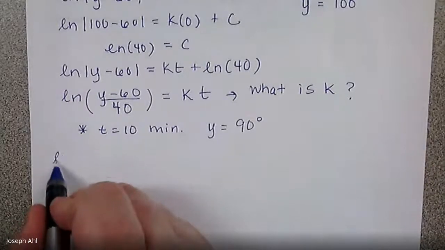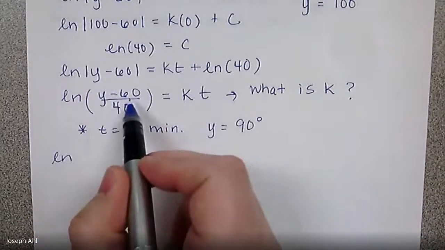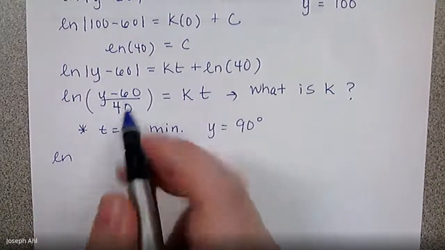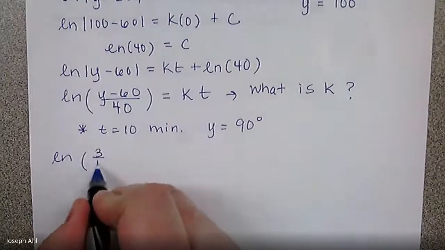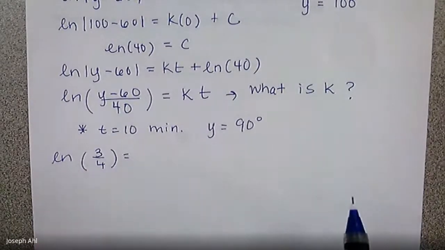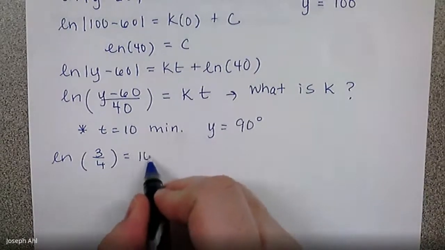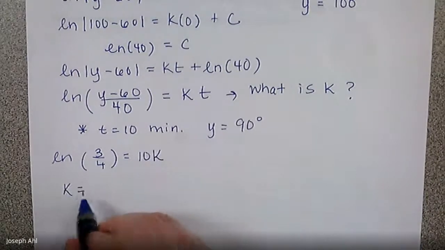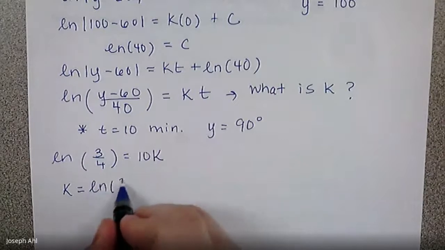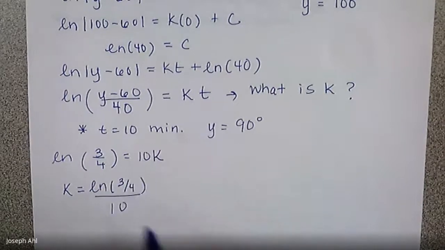So if I plug in here, we get ln of, well, 90 minus 60 is 30, and 30 divided by 40 is ln of 3/4 on this side. That equals k times 10, or 10k. So you wind up getting that k equals ln of 3/4 all over 10.